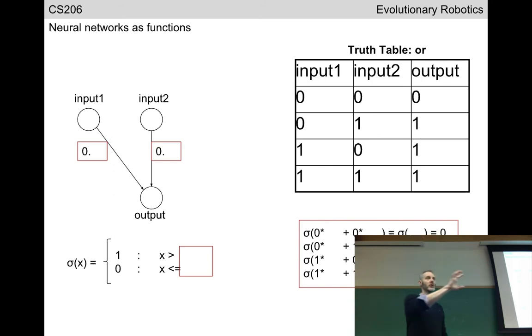When we put these neural networks back in the robots, the neural networks are still computing a function. They're taking the robot's current sense of the world, all the sensory information the robot is getting at that point in time, and transforming that sensory information according to some function, and that function is going to be set by evolution.